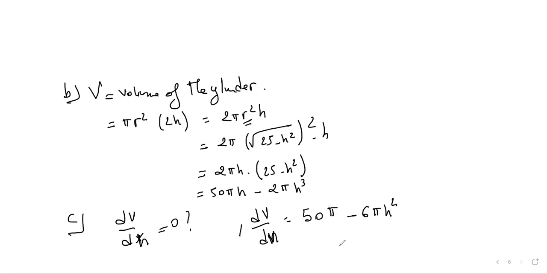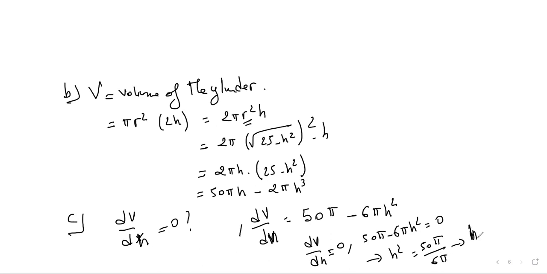Now I need to solve dV/dh equal to 0. So 50 pi minus 6 pi h squared is equal to 0. So h squared is equal to 50 pi divided by 6 pi. Since it's a positive value, the pi cancel each other and I can simplify by 2.